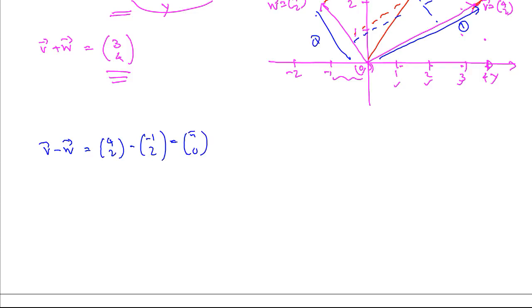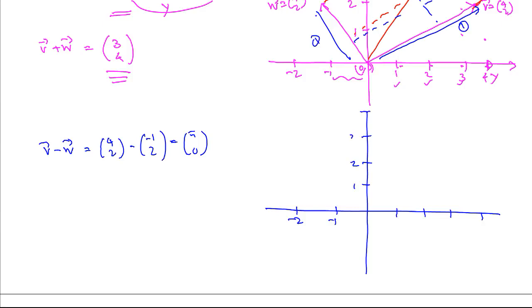Let's draw the same thing again. 1, 2, 3, 4, minus 1, minus 2, 1, 2, 3, 4 along the y-axis.